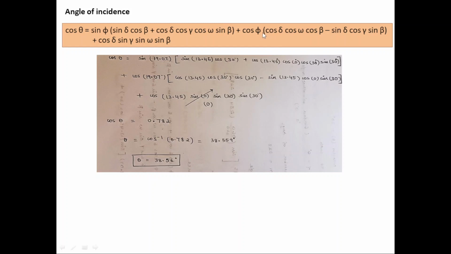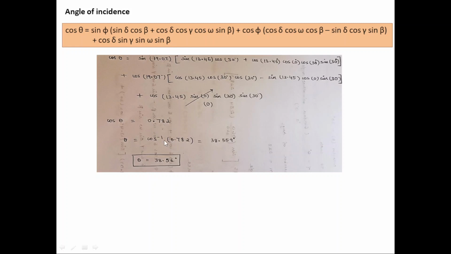Plus cos phi, that is 19.07, cos of delta 13.45, omega 30, beta also 30, minus sine 13.45, cos 0 which is cos gamma, the surface azimuthal angle, sine of 30, plus cos 13.45 sine 0 into sine omega sine 30. Sine 0 is 0, so the third term, cos delta sine omega sine gamma sine beta, will be 0. If you do the calculation, you will get 0.782.